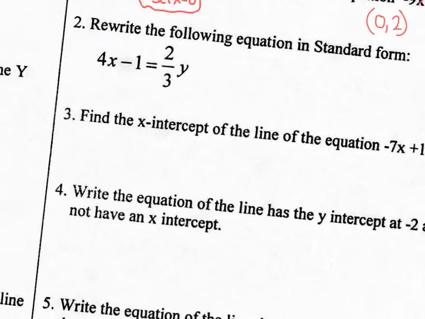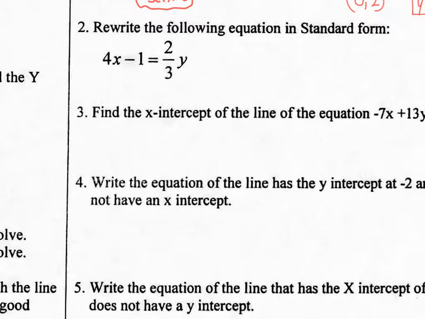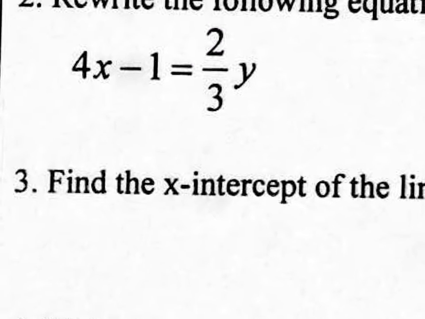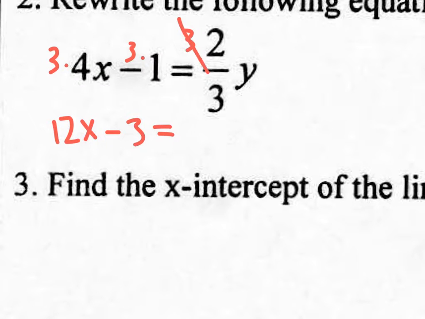Or they might ask you to rewrite the following equation in standard form. So this equation is not in standard form. We'd have to get rid of the fraction, and we also have to get the X and the Y to one side. So let's multiply everything by 3 to get rid of the 2/3. We're going to end up with 12X minus 3 equals 2Y.